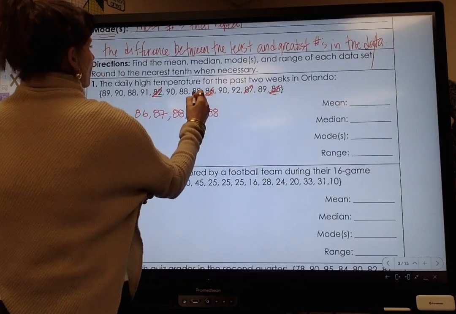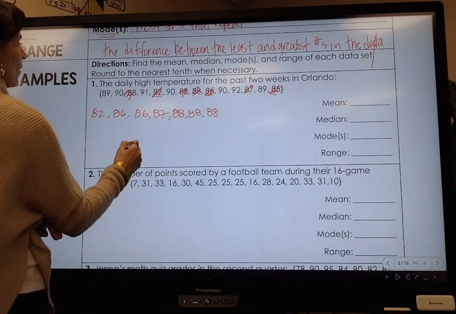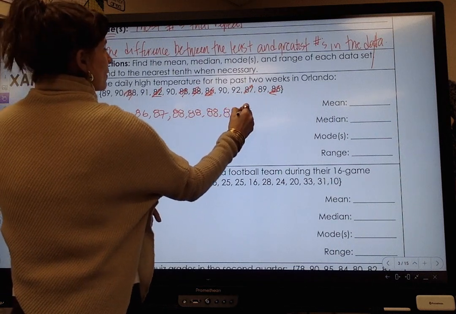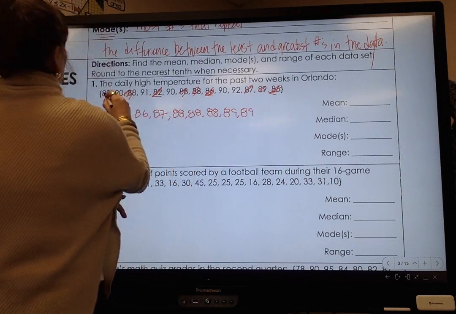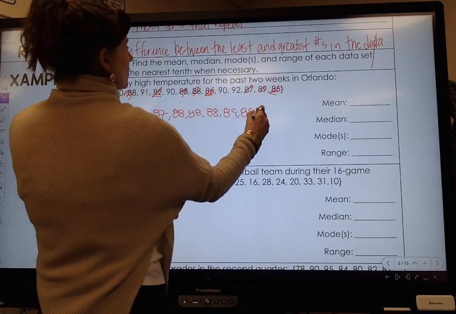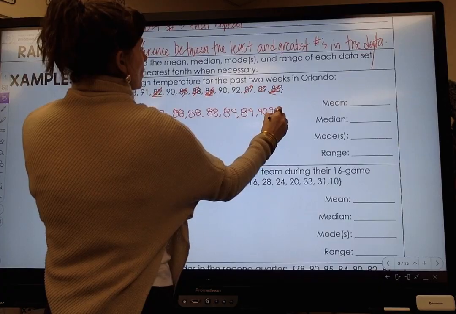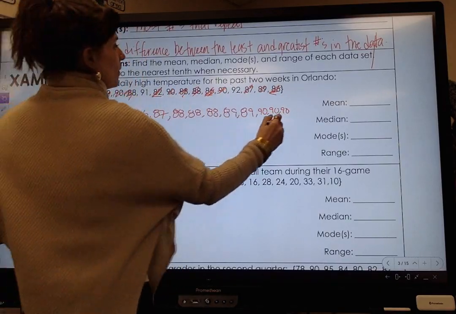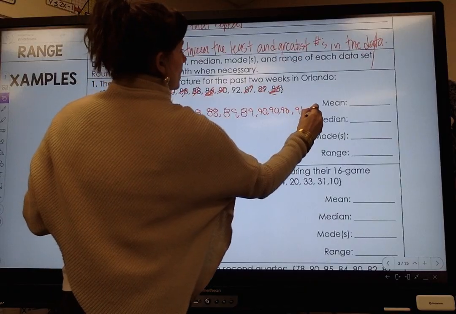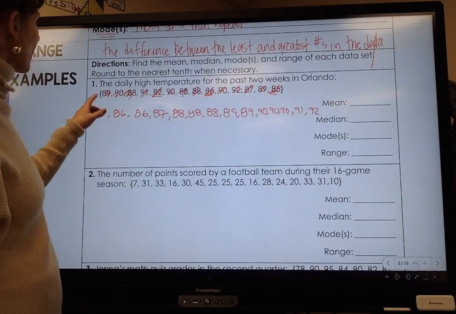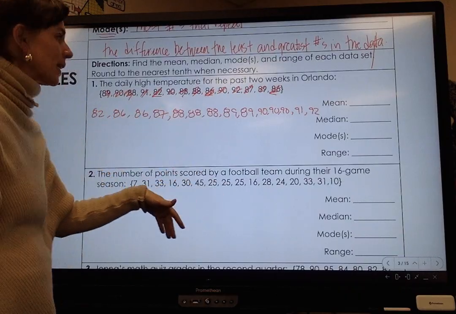I got to cross them all off. I have an 89 and another 89. Cross those off. I have 1, 2, 3 90s, a 91, and a 92. Okay, so they're lined up least to greatest, and I cross them out to make sure I didn't miss any.